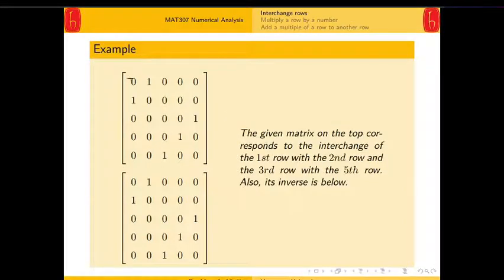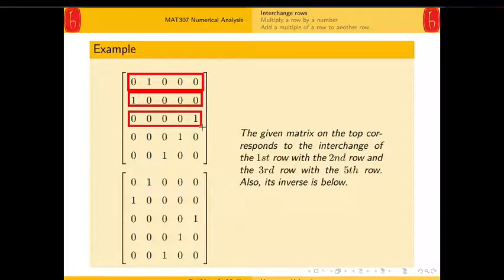So for this example, if we consider the identity matrix, the first row and the second row are interchanged, and the third row and the fifth row are also interchanged, and the fourth row remains as is.